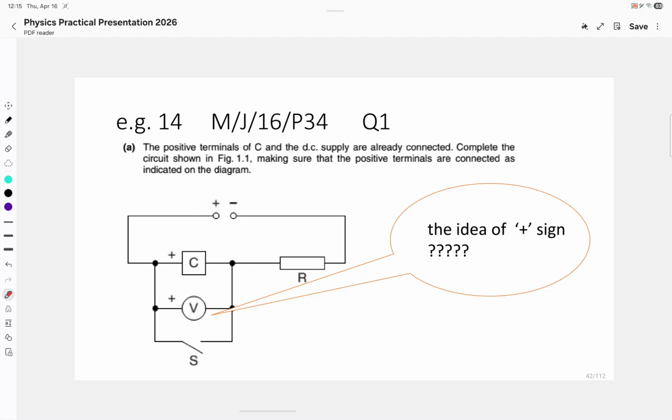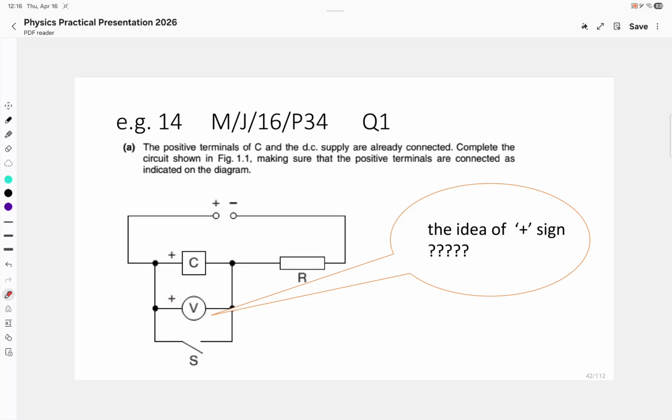All right, it will happen in many of the past year questions. When they give you a voltmeter, first of all, it will be connected in parallel with any component or a part of a circuit, and they do mention the polarity of a voltmeter.